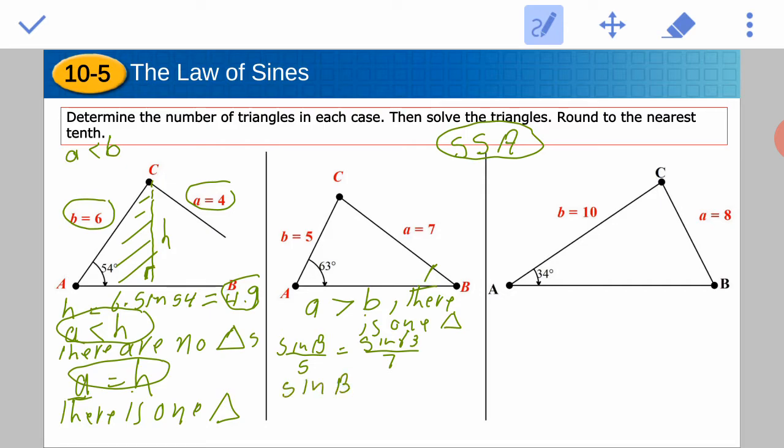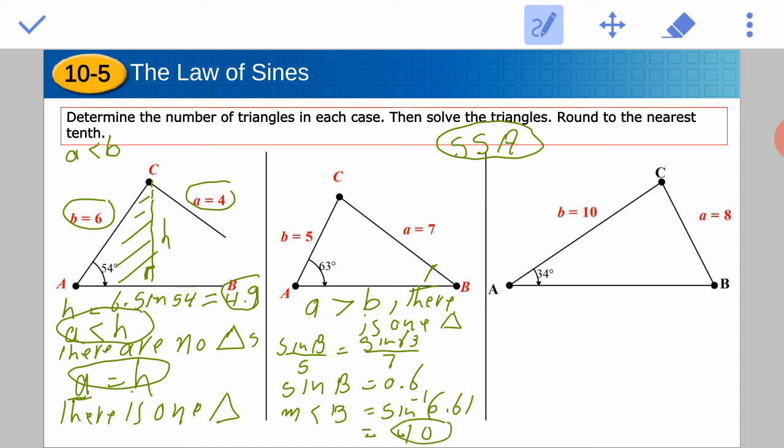Sine angle B is equal to 0.6, but I need the measure of angle B. I don't want the trigonometric ratio sine B. So guys, you do the inverse operation. You take the arc sine of both sides, so the measure of angle B is equal to the arc sine of 0.6. When you put that in the calculator, you will get the measure of angle B. It's going to be 40 degrees.